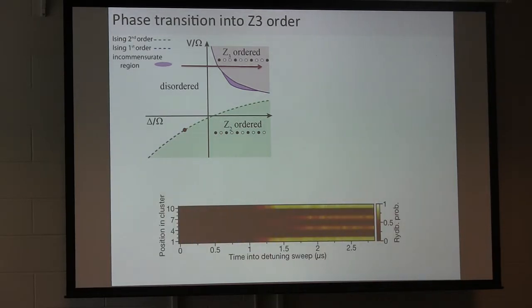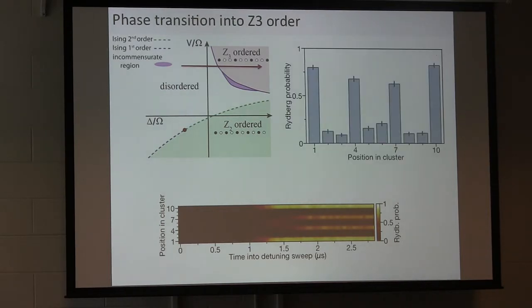As we now do this and make a sweep along this line, we can prepare our system into this three-ordered crystal where we get one Rydberg excitation every third lattice site. And you see here how this builds up as we sweep in. This is not the tuning here, but more the time into the sweep.